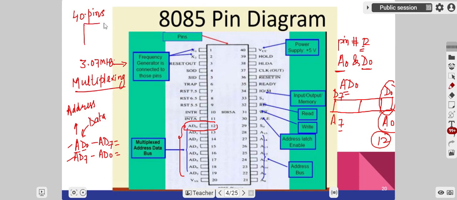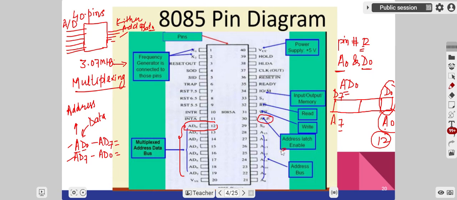So we are using a multiplexer here, which is multiplexing address as well as data, and providing us either address or data. At what time we will get address and at what time we will get data depends upon another pin which is called ALE, address latch enable.